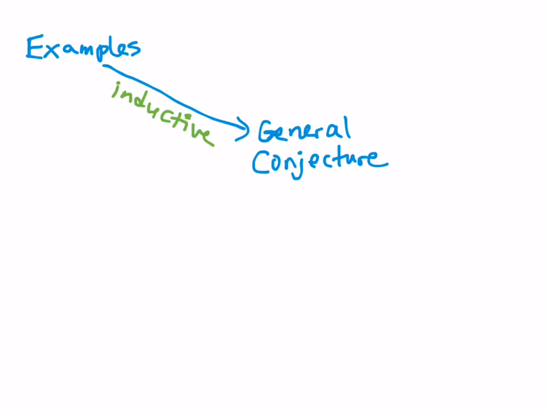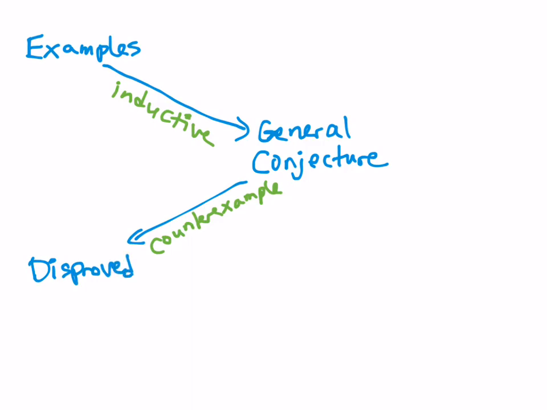So what we would need is some sort of a counterexample that disproves that. So if we could come up with an example of a situation where that conjecture is not true, then we would have disproved the conjecture. Okay. And then we would sort of start all over again, and we would go from there back up to discovering other examples and maybe coming up with a better conjecture that's more accurate.